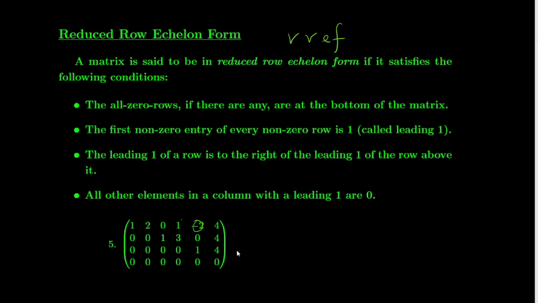Now condition 3. Condition 3 is the meaning of echelon, in steps. You can read the sentence. It means the leading one of the second row is to the right of the leading one of the first row. The leading one of the third row is to the right of the leading one of the second row.